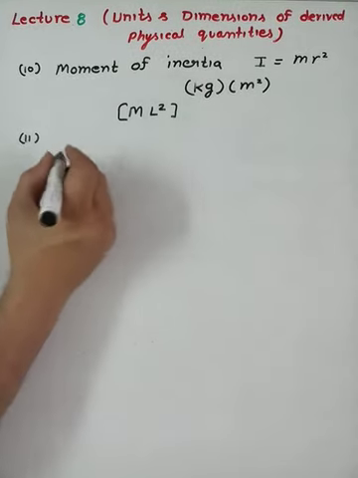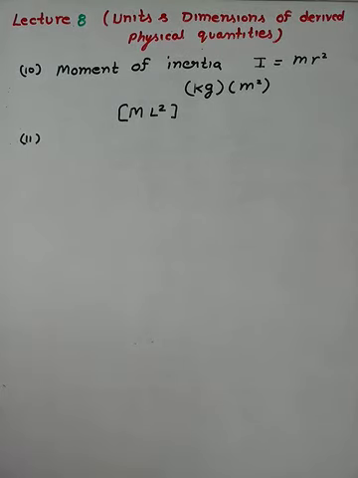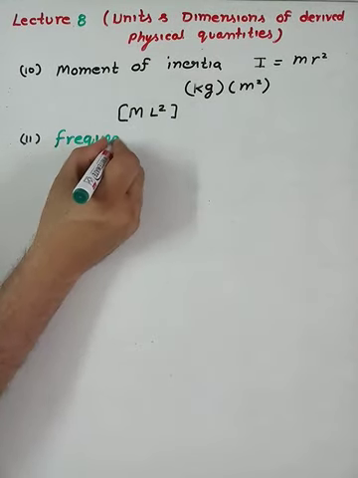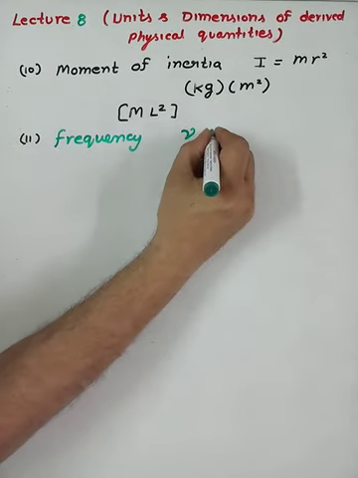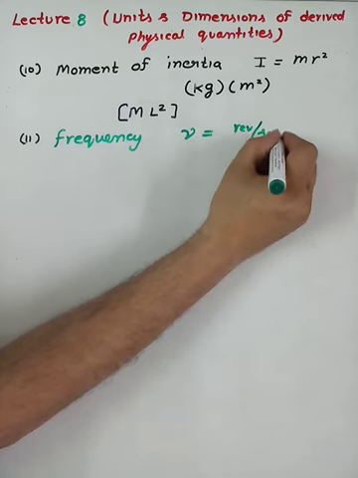Number 11 is frequency. Frequency is number of cycles per second, number of revolutions per second.